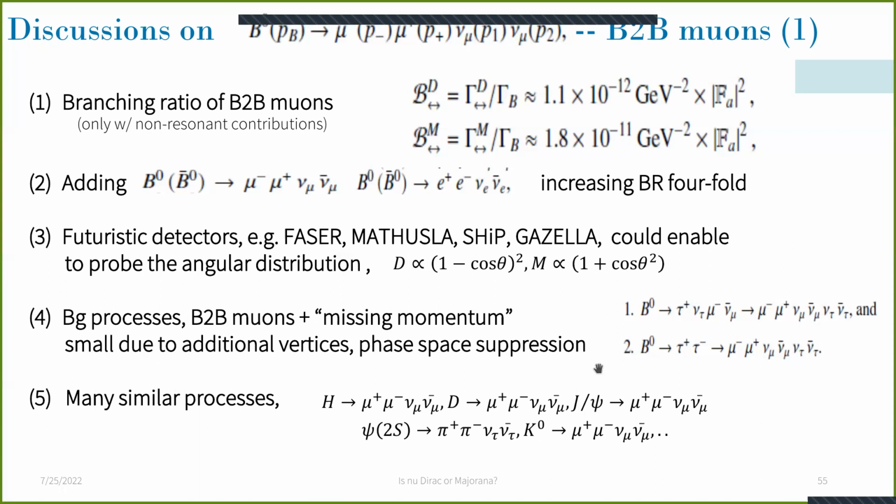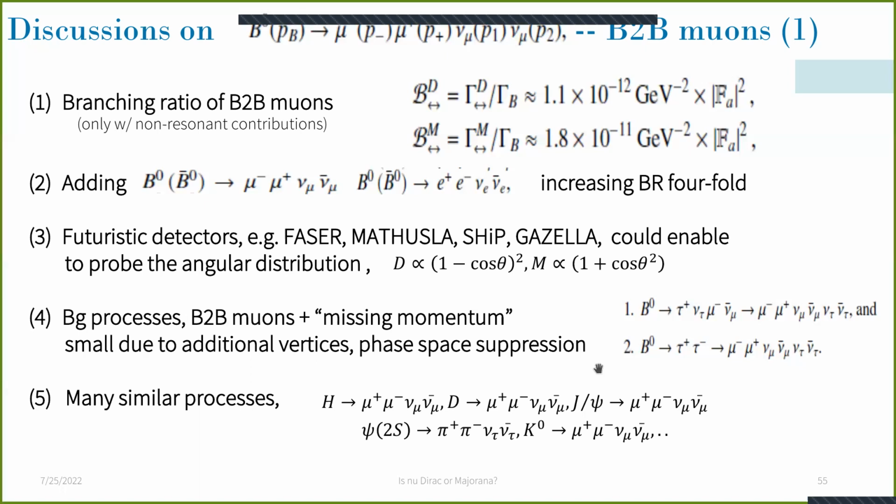Theoretically the background is not that severe, but experimental background, I don't know, because you have B0 to vector like this way, and then there must be missing, that could be very difficult. That depends on the experimentalist. This can go many ways: J psi, psi 1s, 2s, Higgs decay, K0. There are many of these possibilities.